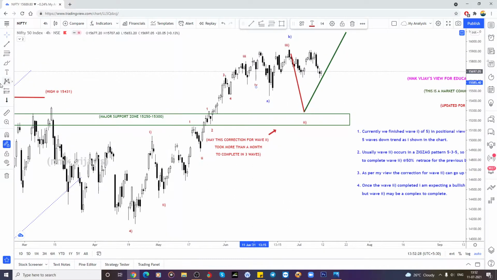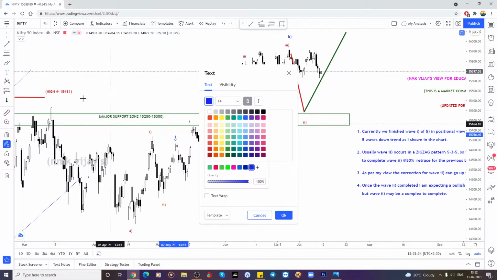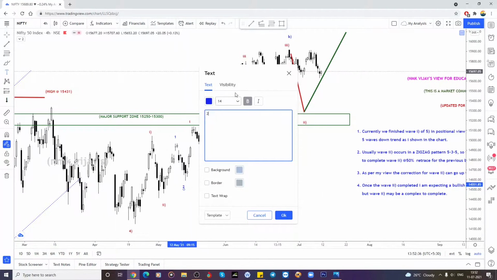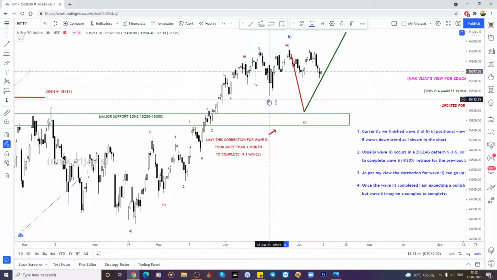This could be wave 1 of blue, I will do it in blue. This is the 2, this is the 3, this will be a 4, and 5 of this Roman letter third.